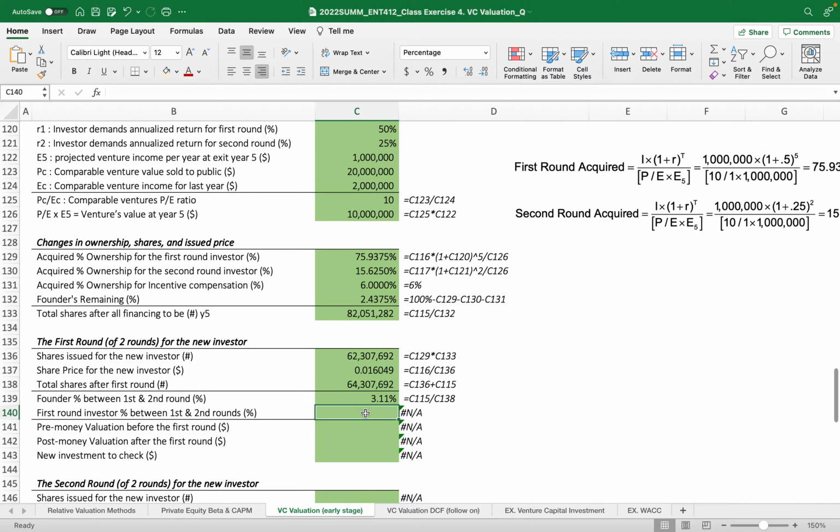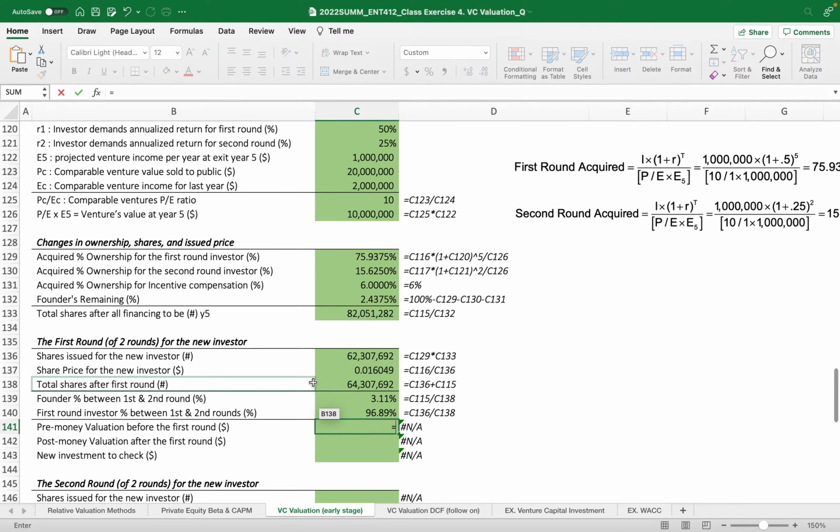Here, the first round investors' percentage between the first and the second round is now very easy. One more time, 62 divided by 64 million. And then the sum of these two is definitely 100%.